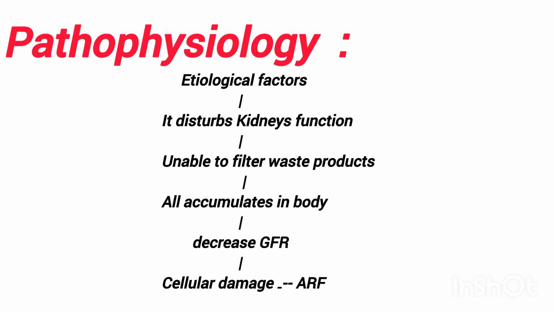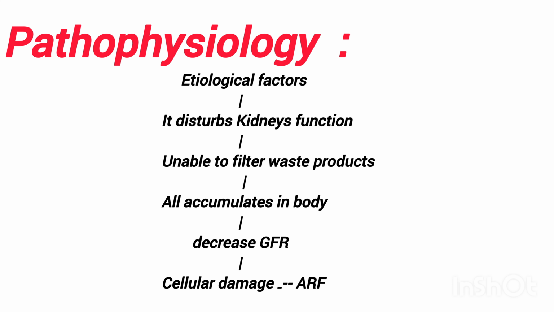Now we are going to see the pathophysiology. Actually, the pathophysiology of ARF, acute renal failure, is not clear, but the theories say that the etiological factors, that is pre-renal, post-renal and renal causes, disturb the normal kidney function. Because of that, the kidney is unable to filter the waste products from the blood.